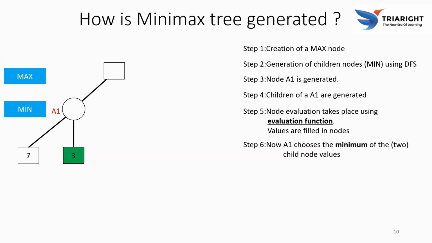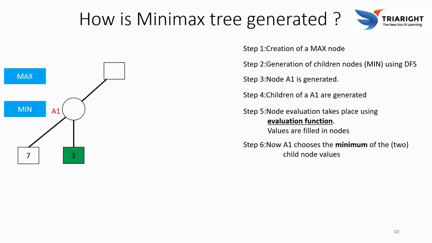So step six. Now A1 chooses the minimum of the two child node values. A1 chooses between 7 and 3. Since our parent node is a min node, we are choosing the min value here. Between 7 and 3, we choose 3. This step iterates the min part of the min-max algorithm.